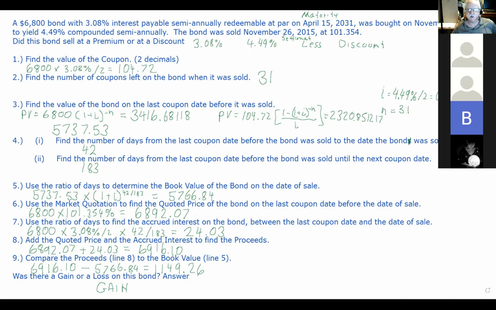So let's save that and clear that. Let's go back to our chat box and see what's happening there. Let's see, we did those, we did those, we did those.